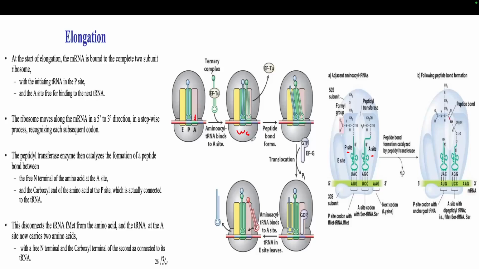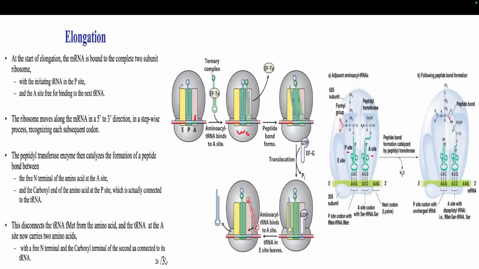Okay, understood? So what is happening at the time of initiation is that the tRNA will come and bind to the P site. In bacteria it is fMet, and in eukaryotes it is methionine only. Okay, so once the next amino acid comes to the A site.